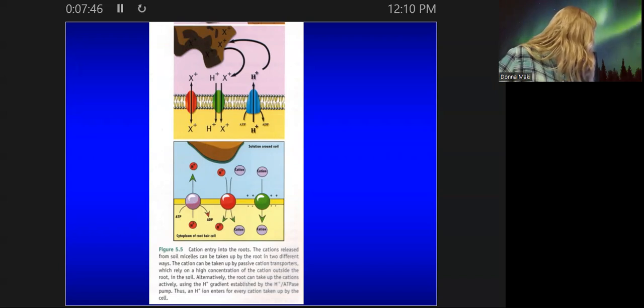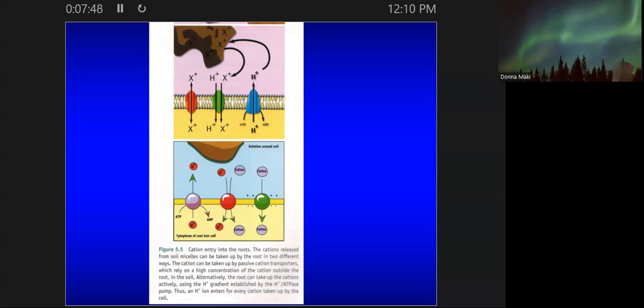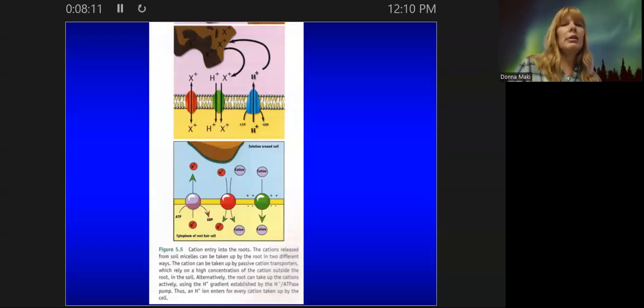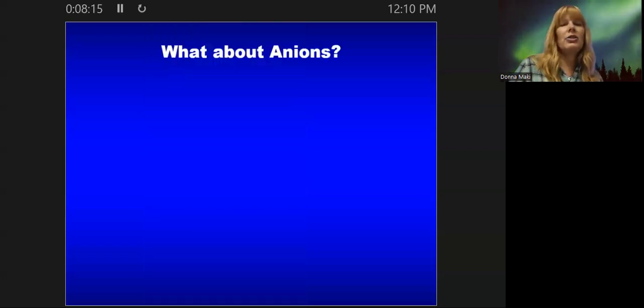And here they're showing how sometimes this is a sacrifice of energy to get this to happen. And so the plant root is going through primarily active transport here, where it's pumping protons out into the soil water system, and then the proton can participate in cation exchange. So sometimes it is a sacrifice, in the sense of energy that the plant has to use to get those protons out and start doing the cation exchange.